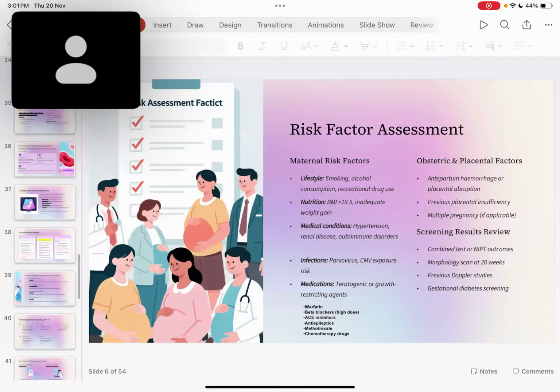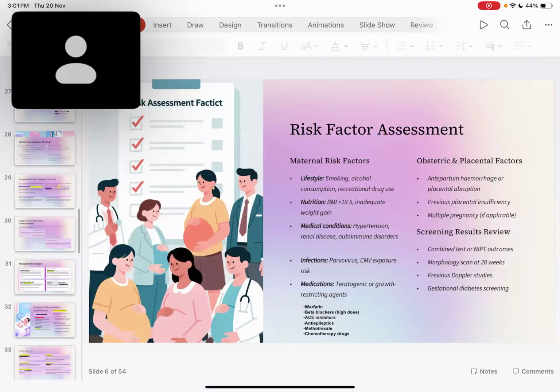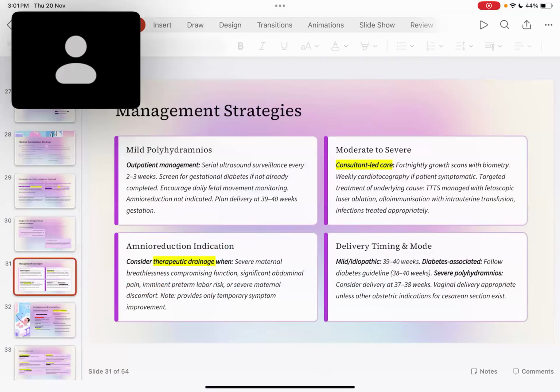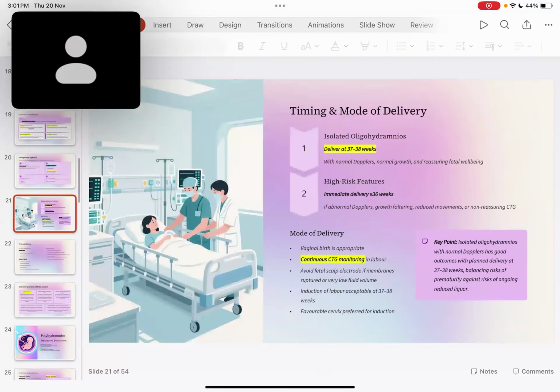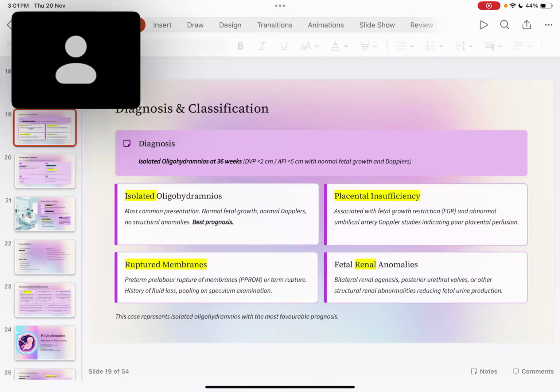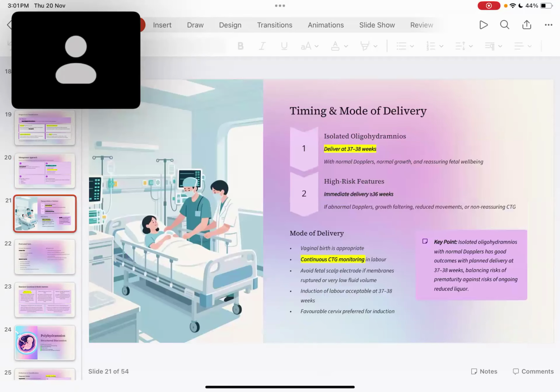Okay, so we were here, in between oligo, right? Factors, investigations, fetal renal investigation, causes. Then admission criteria, surveillance protocol like CTG. If it is isolated, then CTG twice weekly, and the growth scan. Antenatal steroid beyond 34 weeks we don't give. Your patient was already 36. If it is before, then you have to do that.